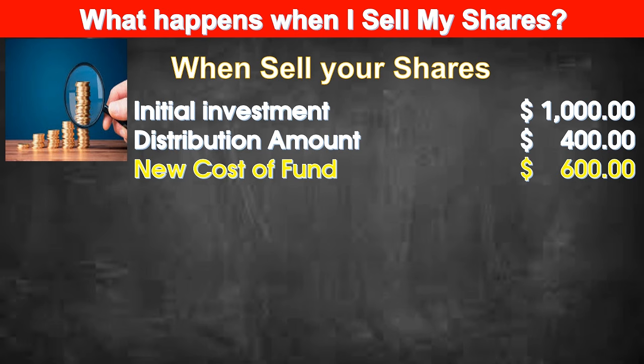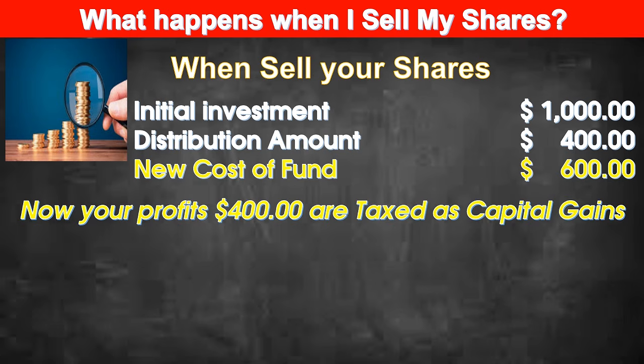Well, the IRS will look at your distributions and say, you received $400 of your initial money back. So your fund cost is now $600. So when you turn around and sell this fund for the $1,000 that it's really worth, they are now looking at you and saying, well, you have profits of $400 and are taxed at capital gains.